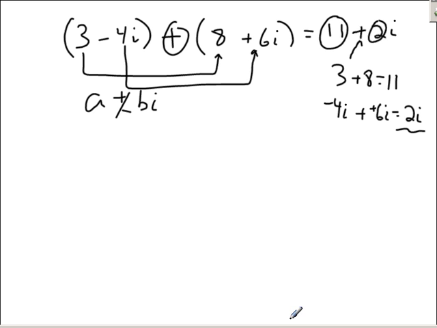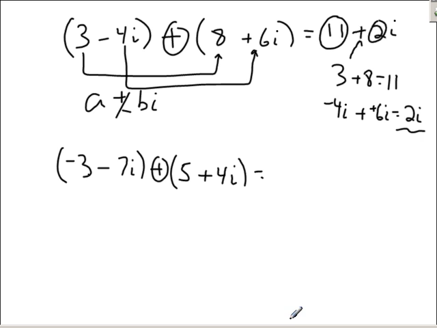For example, if you have negative 3 minus 7i, and you add 5 plus 4i. Well, we're adding. You add those numbers. Negative 3 plus 5 is 8. So we get 8.